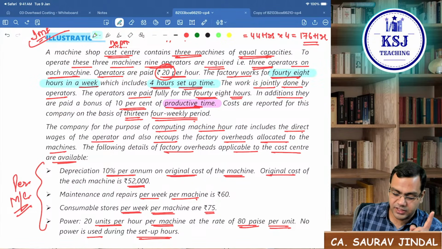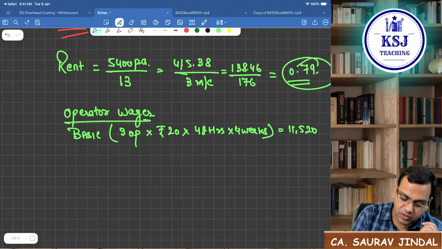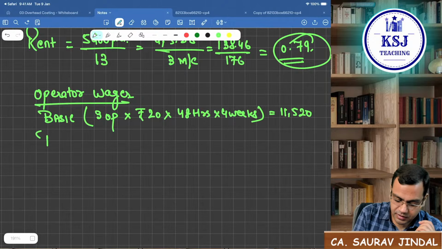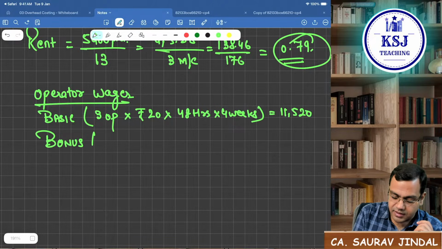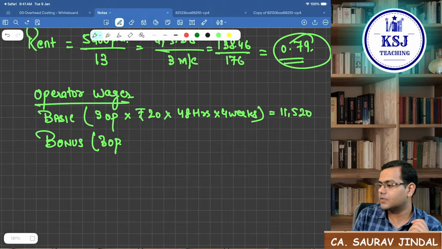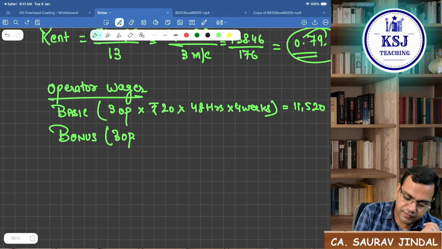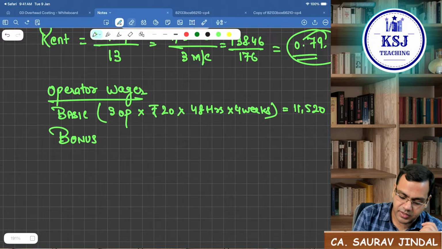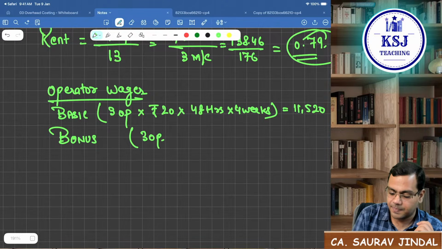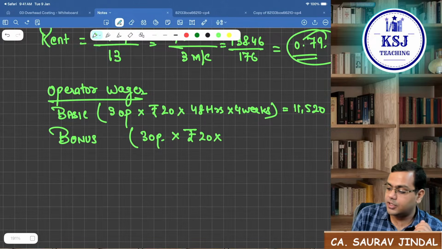Additionally, they are paid a bonus of 10%. 10% of what? 10% of the productive hours. That means the bonus is not to be calculated for the setup time. So how will you calculate the bonus here? There are 3 operators getting 20 rupees for the productive time.